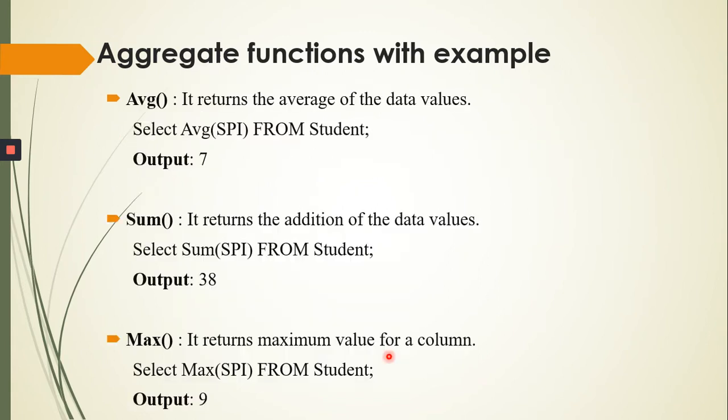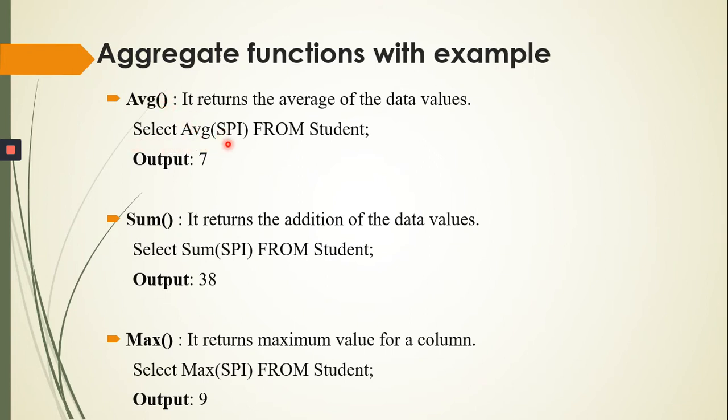Now our first function is average. As the name suggests, it returns the average of the data values. Suppose we have to find out the average SPI of the students. Then we use the select statement, with the aggregate function average.